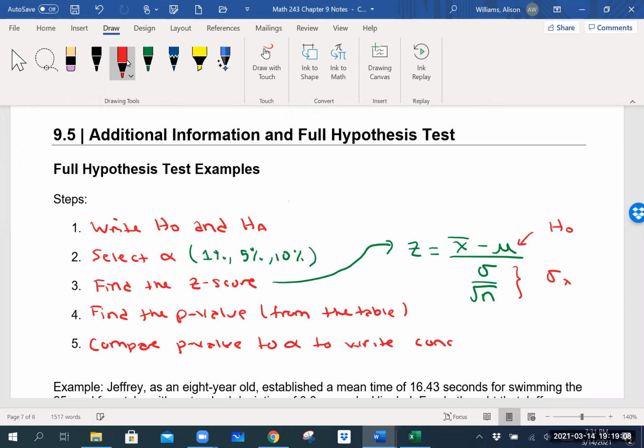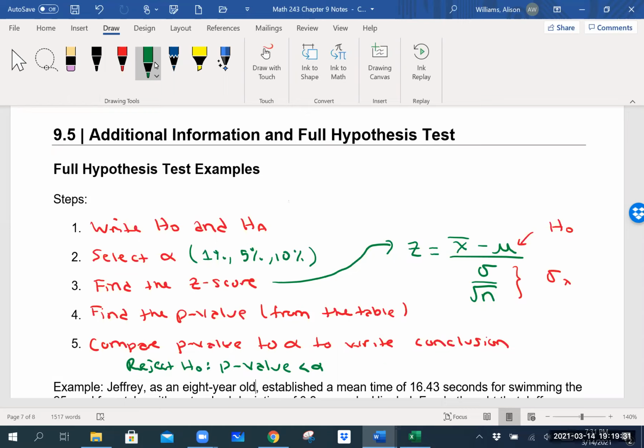And in a previous section, we did state that when the p-value is less than alpha, that's when we're going to reject the null. And believe then that we have enough evidence to support the alternative hypothesis. We will write all that out.